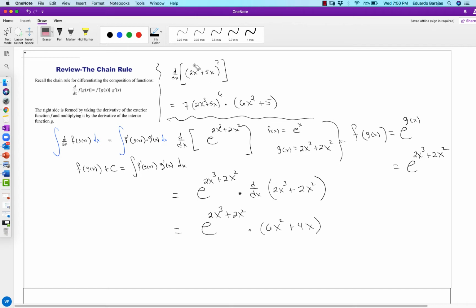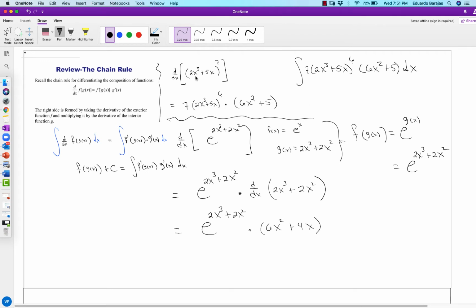We established that if we have this function, then this is its derivative. So what this is saying is that if we happen to be asked to find the integral of 7(2x^3 + 5x)^6 times (6x^2 + 5) dx, easy.